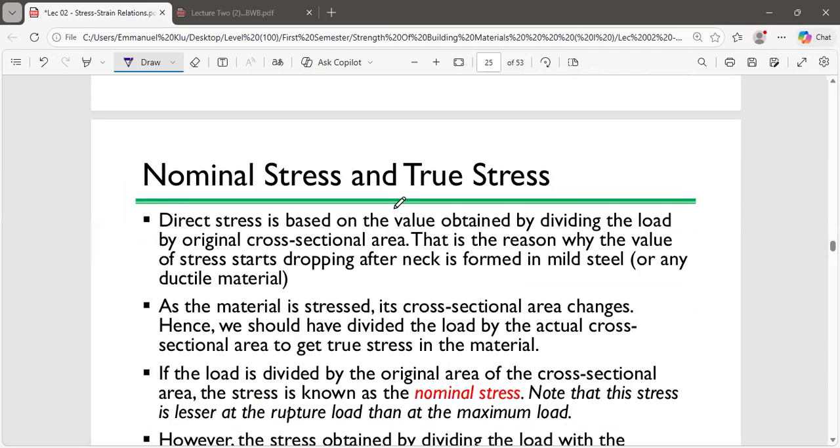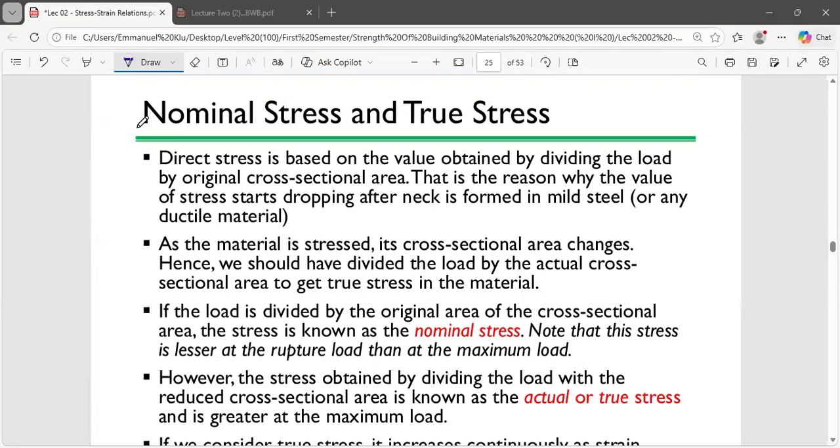All right. Let's look at nominal stress and true stress. Direct stress is based on the value obtained by dividing the load by the original cross-sectional area. That is the reason why the value of stress starts dropping after a neck is formed in mild steel or any ductile material.